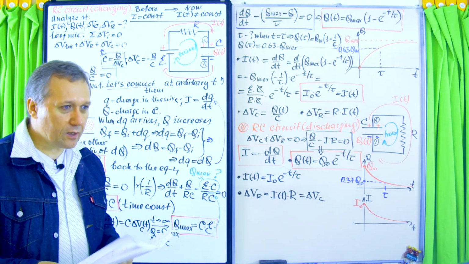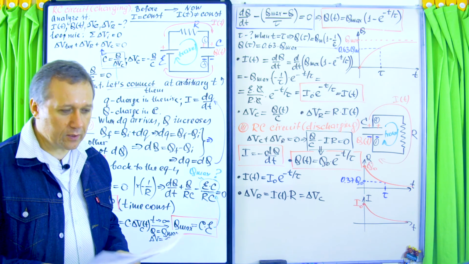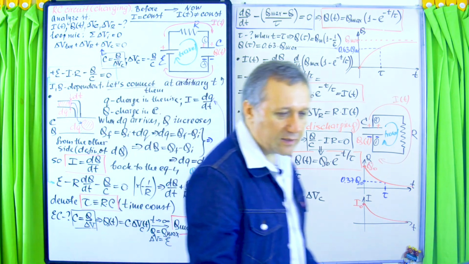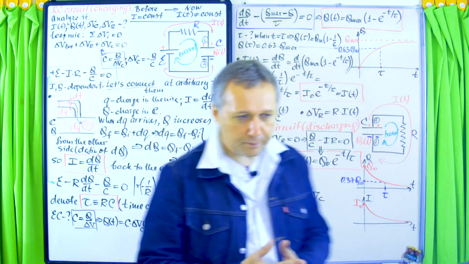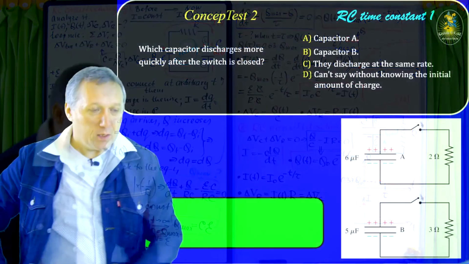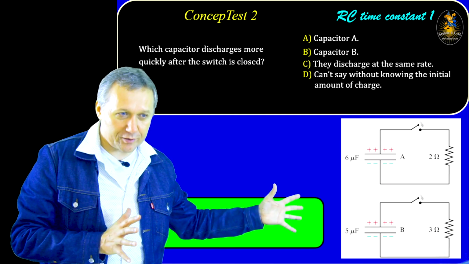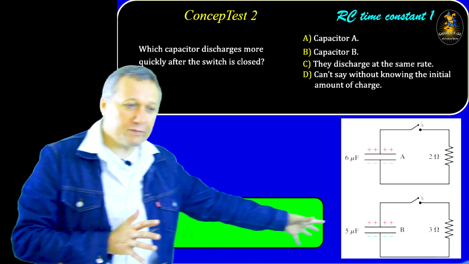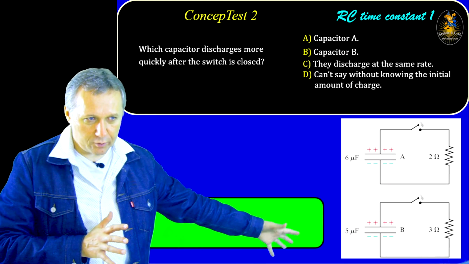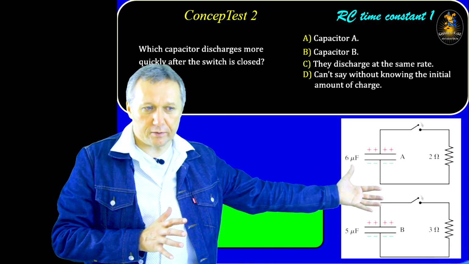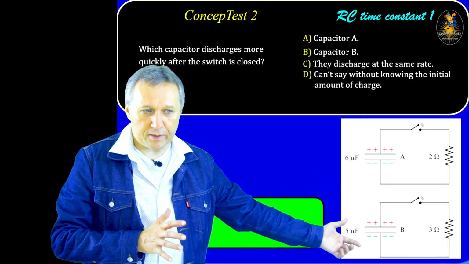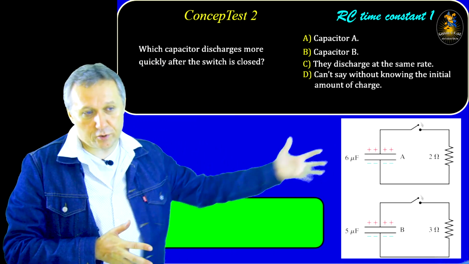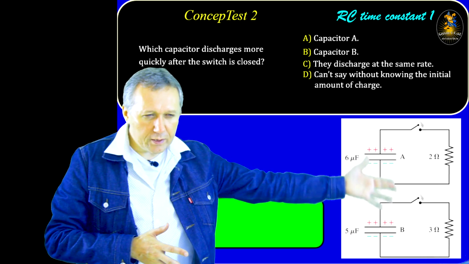Let me switch back to the presentation, and let's answer at least that second clicker question, a conceptual question. So what do we have here? We have two circuits, circuit A and circuit B, both of them discharging cases. Initially capacitor A is full, capacitor B is full, and then each gets discharged through those resistors, 2 ohms and 3 ohms.